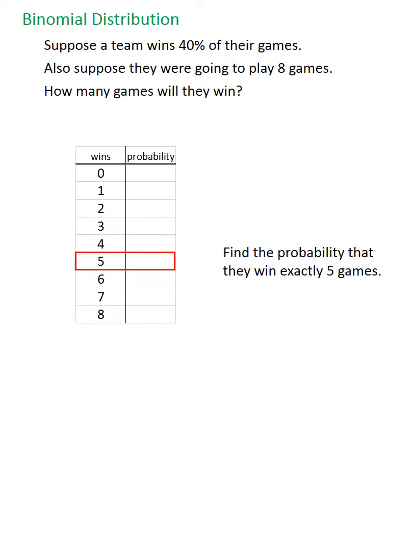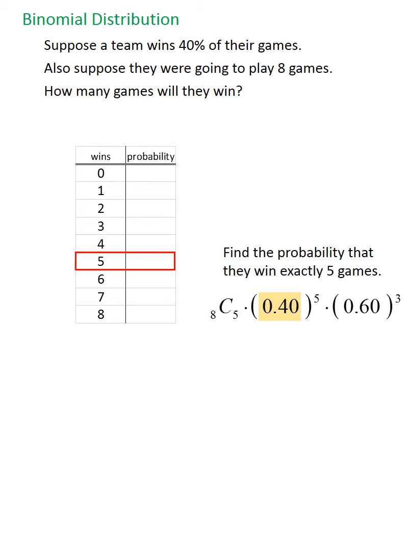Well, it turns out to complete this red box, we have to do this calculation. Let me tell you where each number in this expression came from. This comes from 8 total games and 5 wins.